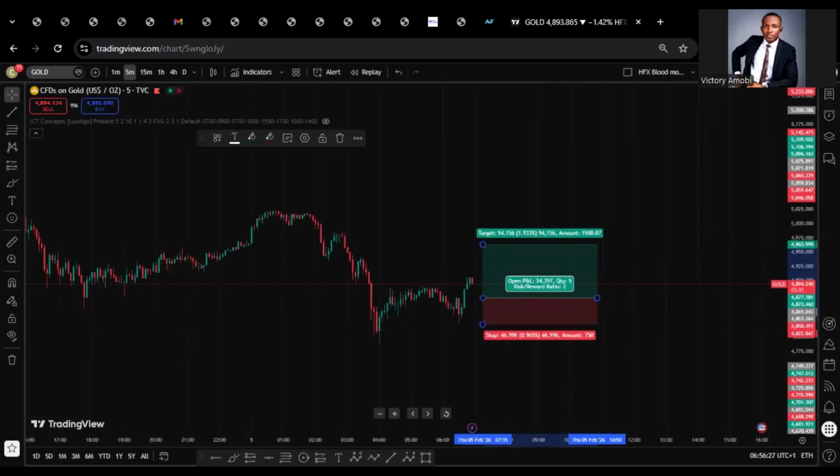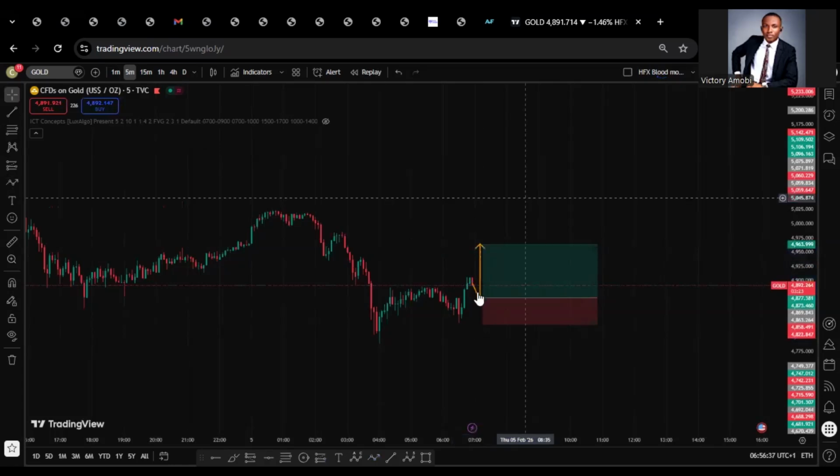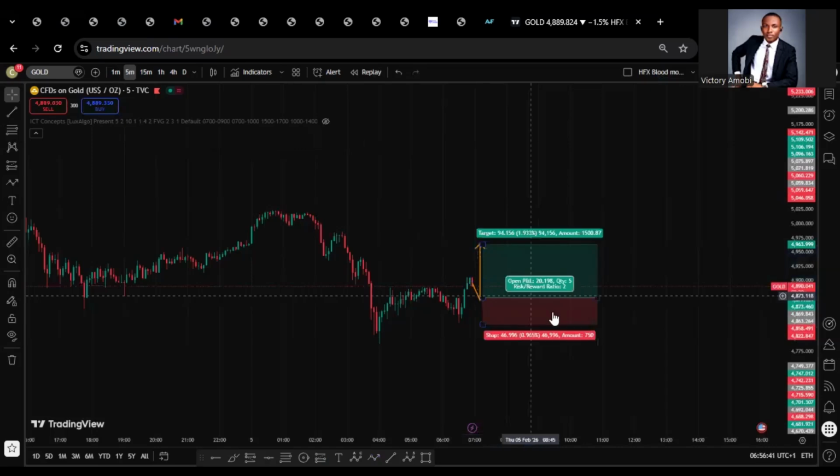So the main thing is the market comes into this zone, you take your buy. For this particular trade, you're risking like 46 points, 94 points.